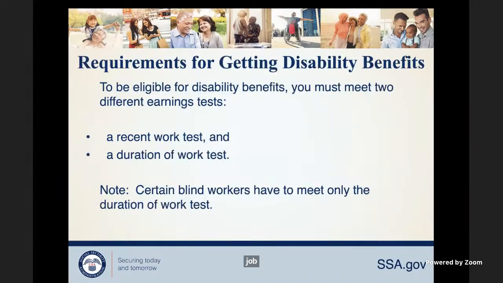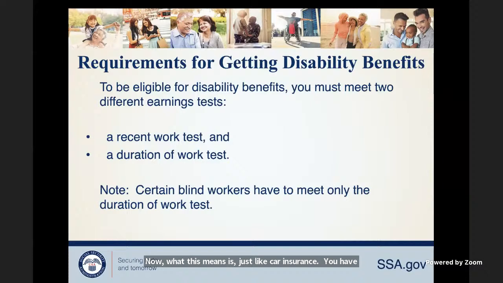Now, there are requirements when you file, and you don't have to worry about this when you file online or you're talking to the Social Security claims specialist, but there's two different earnings tests. Now, what this means is, just like car insurance, you have to have enough quarters to file for disability.